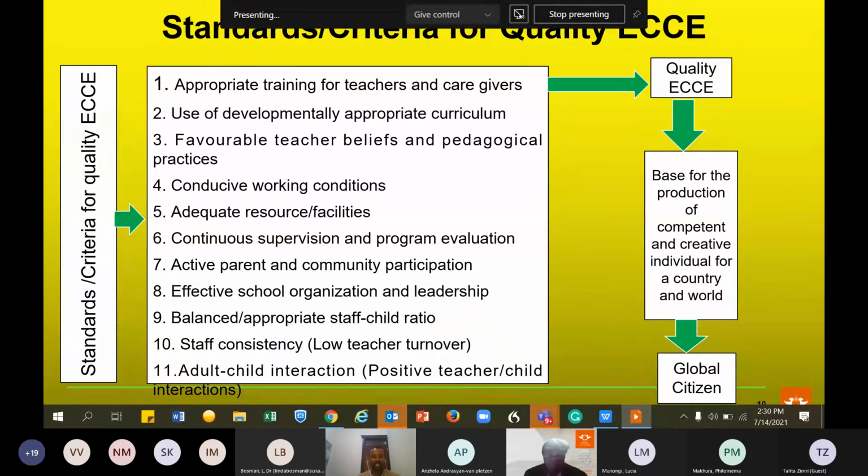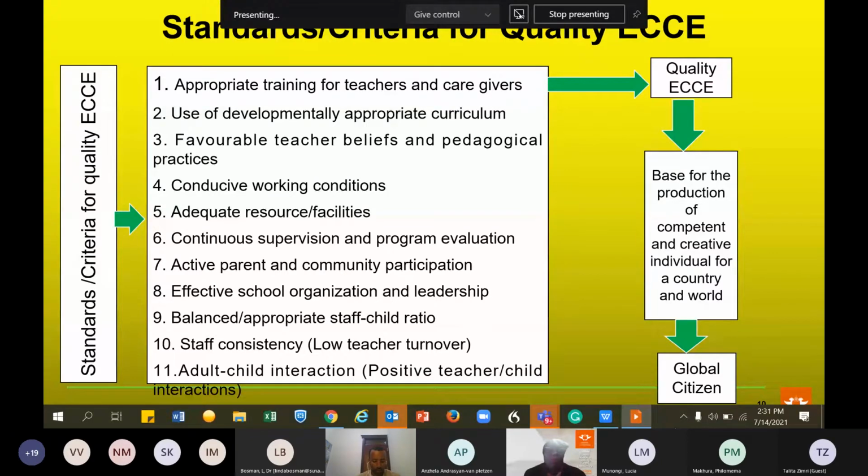The third one is favorable teacher belief and pedagogical practices. Teachers should have good belief about the teaching-learning process, the assessment, and in general their profession, and they should have appropriate pedagogical practices.